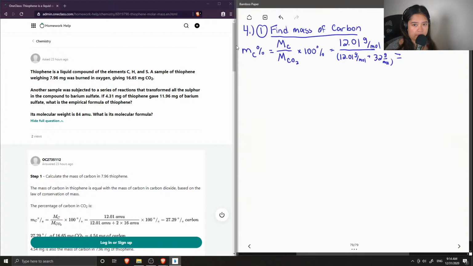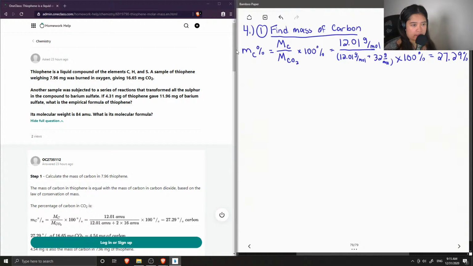Okay, so multiplying this by 100, the mass percentage of carbon in carbon dioxide is 27.29%.